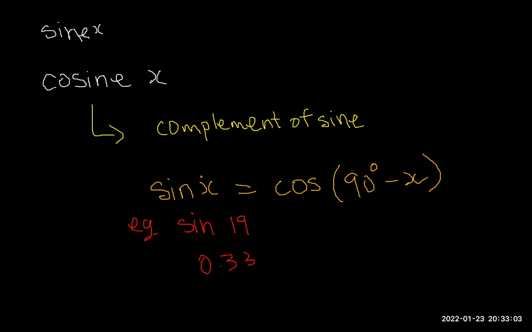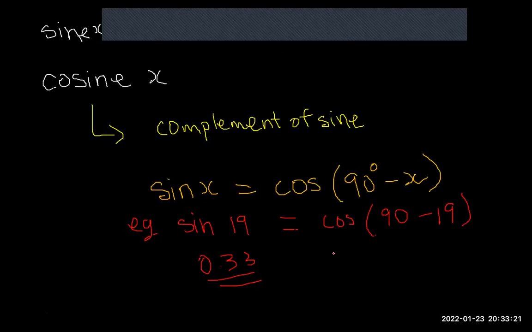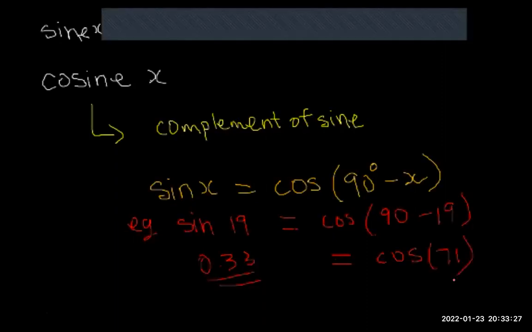According to this, I'm supposed to get the same answer if I said cosine of 90 minus 19. So that's cosine of 71.